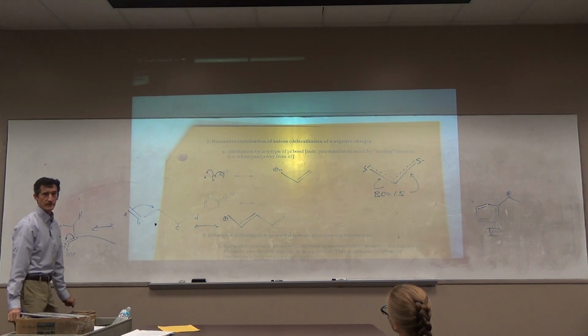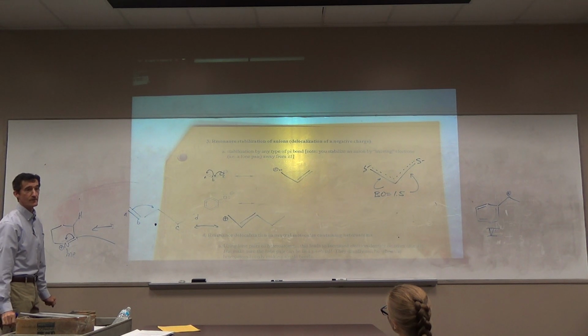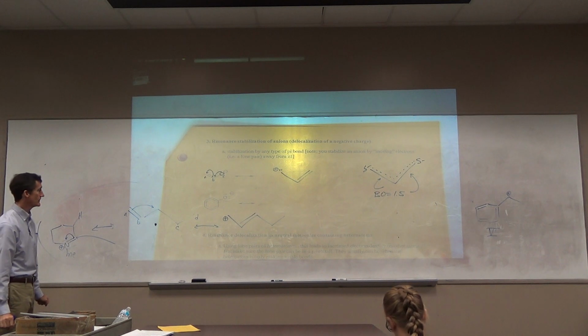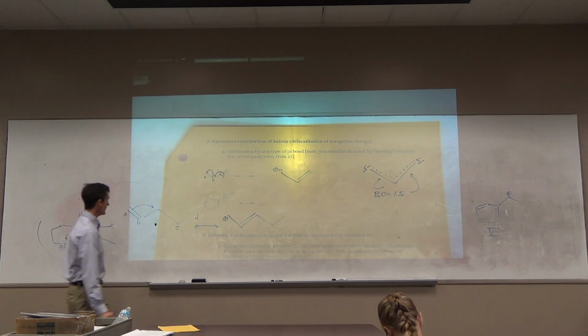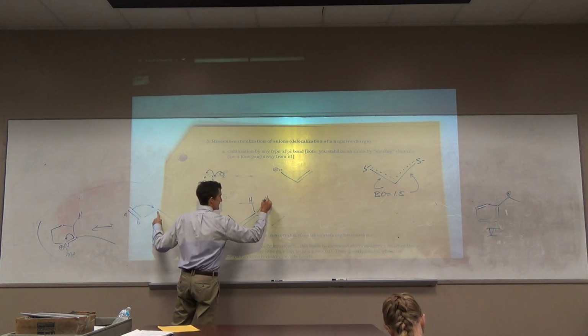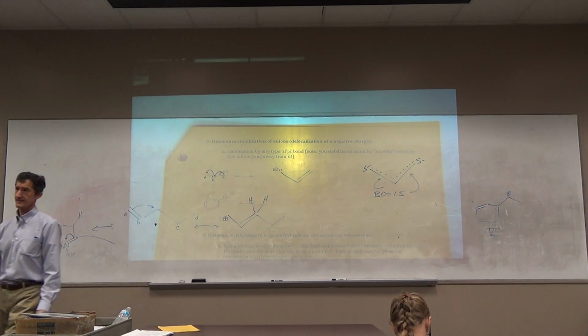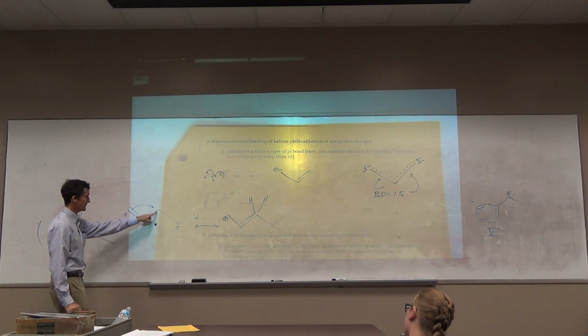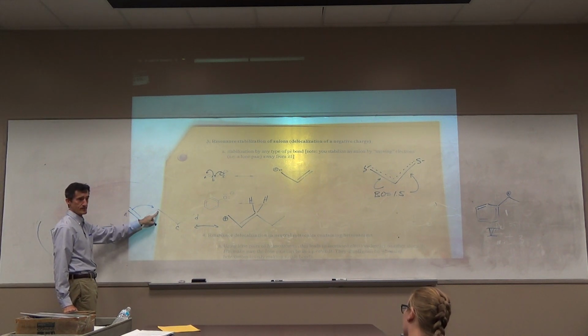How many rules did we break here? I see at least 3 rules we broke. First off, there's 2 H's here. That means we have a carbon with 5 bonds, and that's horrendous. Is there a p orbital here? That's sp3.